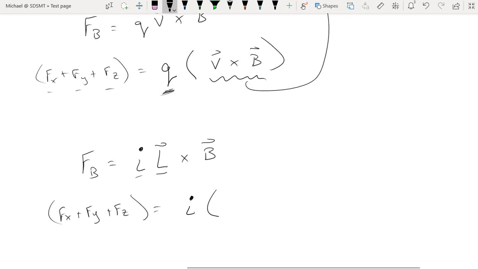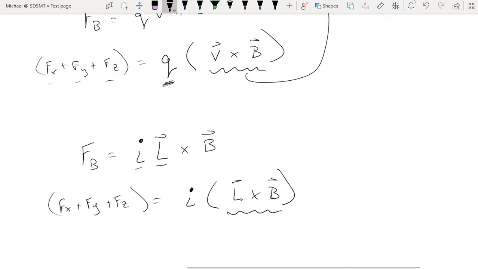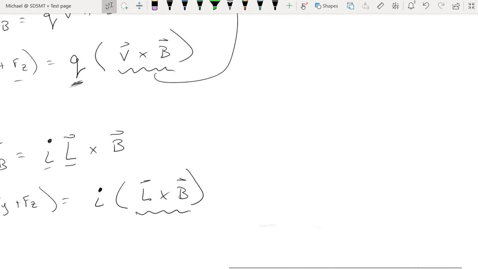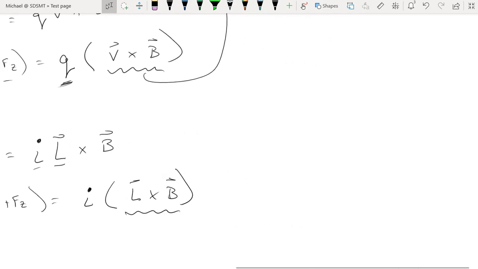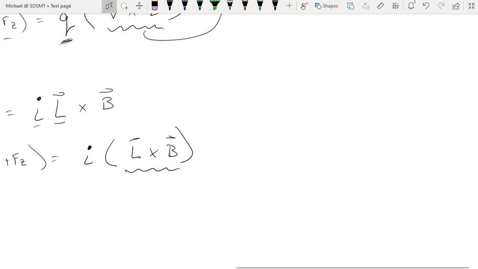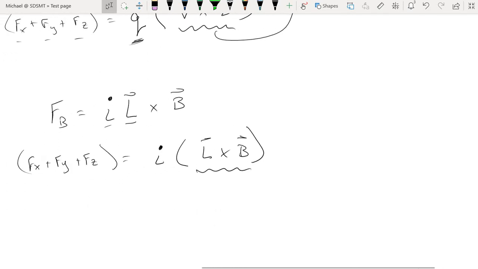But we would take the scalar value of the current times the cross product evaluation that we get from the direction in which the wire is pointing versus the direction that the magnetic field is pointing.